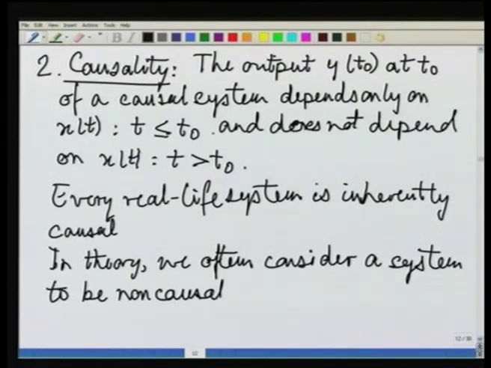So, there is no problem in discussing it theoretically, though we have to keep at the back of our minds the fact that such a non-causal system cannot exist in practice. Theory of course, will continue to use it.